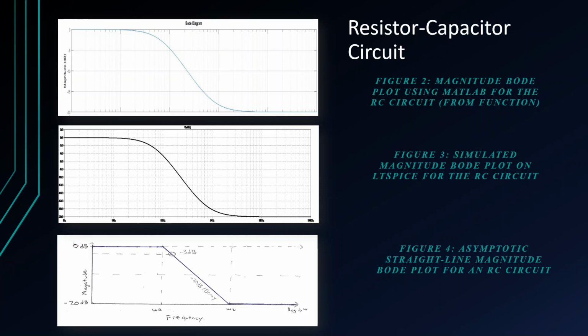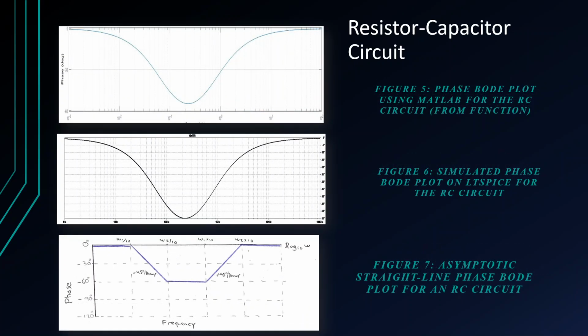At the bottom, we have a sketch I did from my transfer function, and here I can get a sense of what's going on in the circuit. However, it is not as accurate as I want it to be, because it only tells me so much about the system. Last, the one in the middle is the simulated one using LTspice, and that one can tell me everything about the circuit.